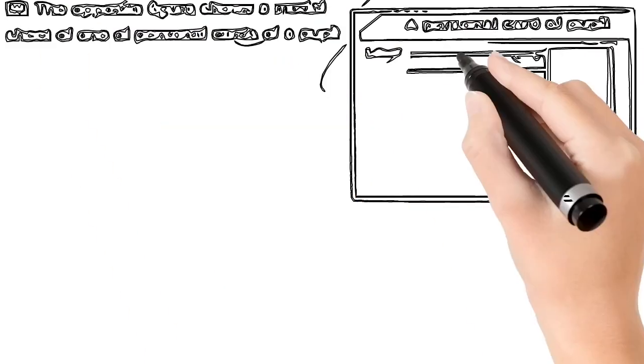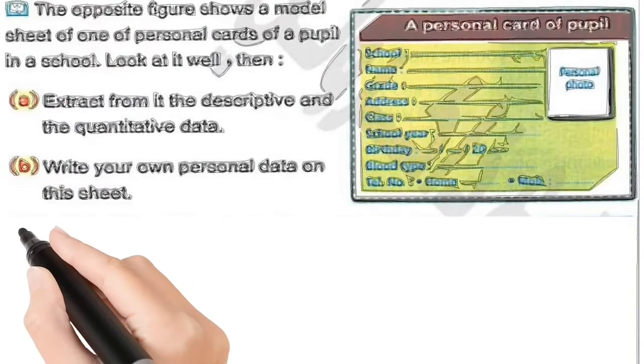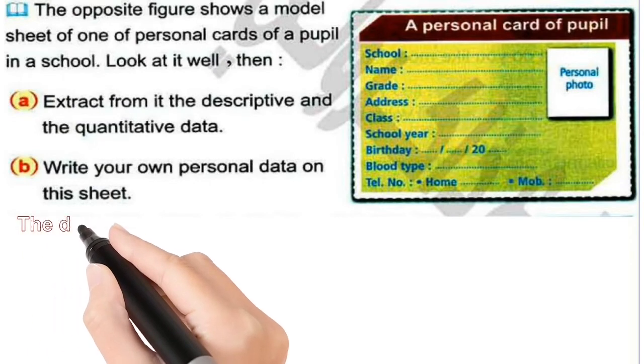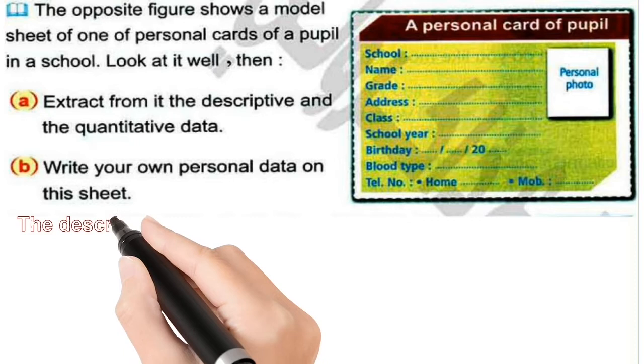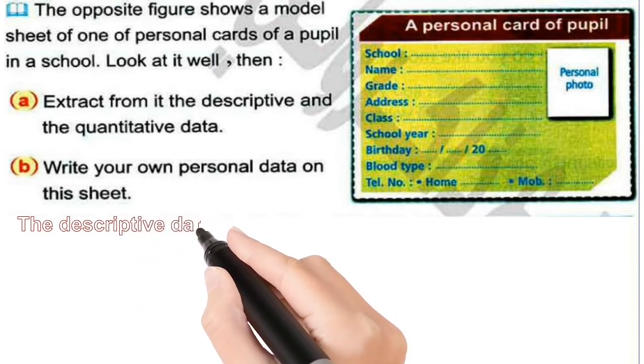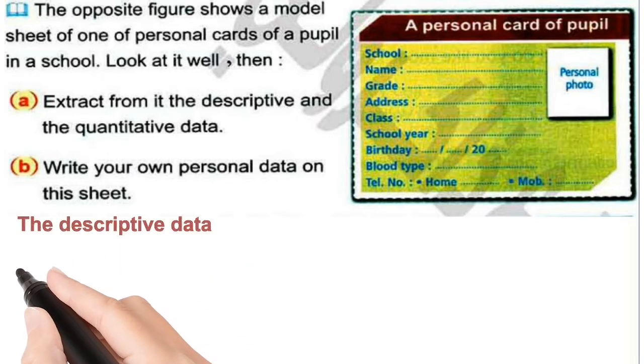Let's see another example. The opposite figure shows a model of a sheet of one of the personal cards of a pupil in a school. We want to write which of them are descriptive and which of them are quantitative. Let's start with the descriptive data.